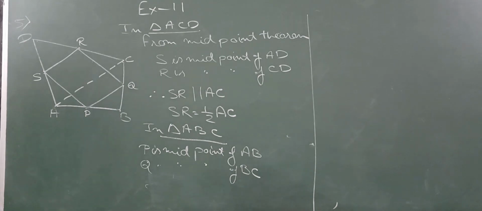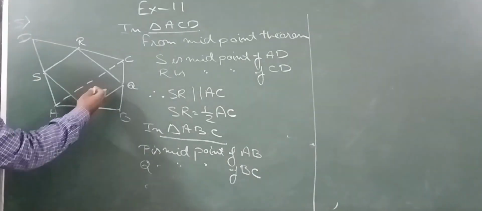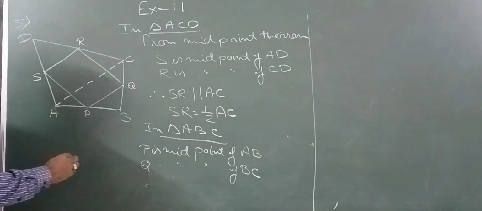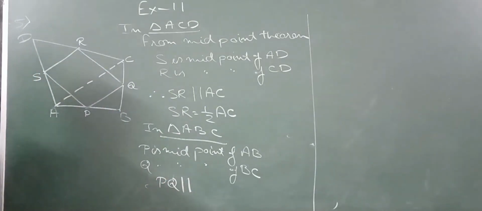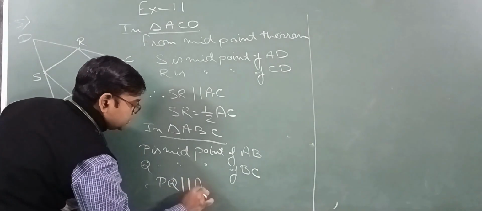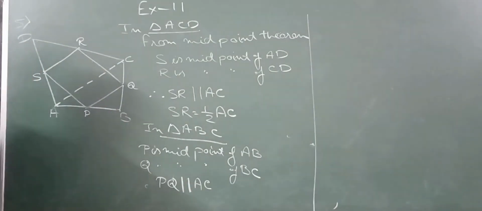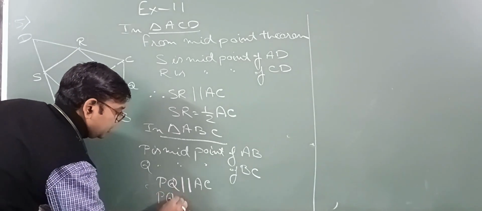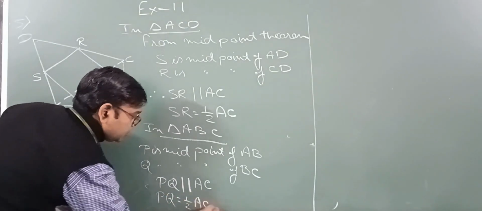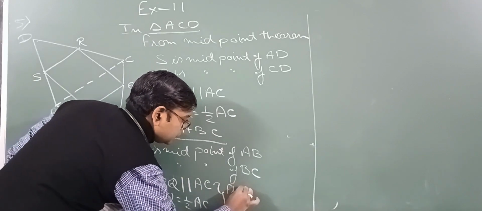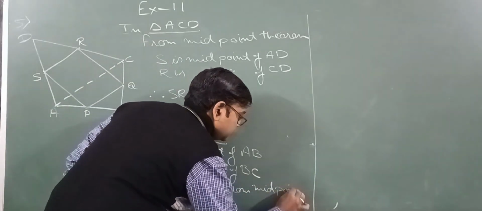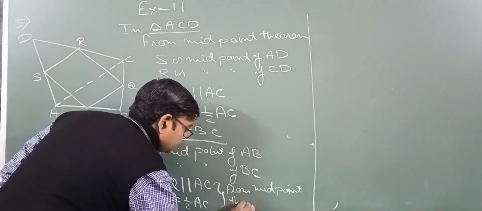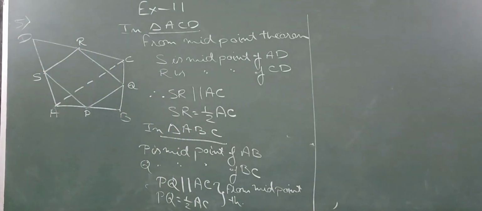And this is your base, so we can write down PQ is parallel to AC, from midpoint theorem. And PQ equals half of AC, from midpoint theorem. Hope this one is clear.